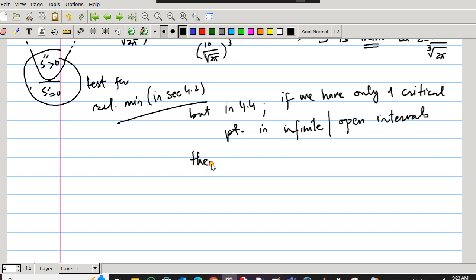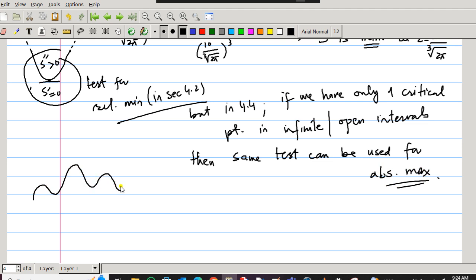Then the same test can be used for absolute maxima. Here in word problems, we find absolute maxima. He said get the maximum, the highest value of the function, not the smaller. Relative maximas were like this. These are all relative maximas in their own vicinity, right?